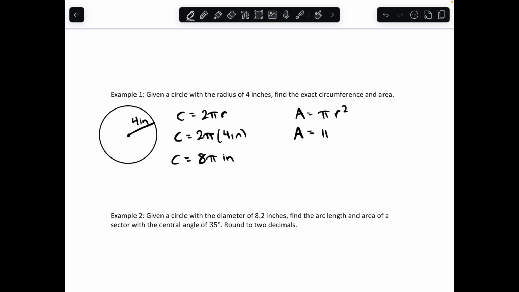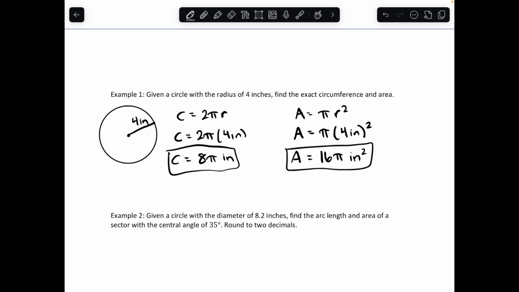A is equal to pi times r squared. Well, r is 4 inches. So A is equal to 16 pi inches squared. And again, we're just going to leave it as 16 times pi because we want the exact number.